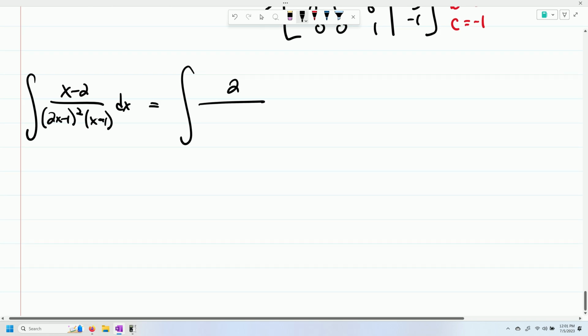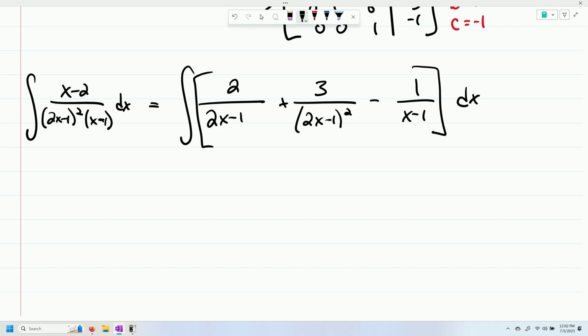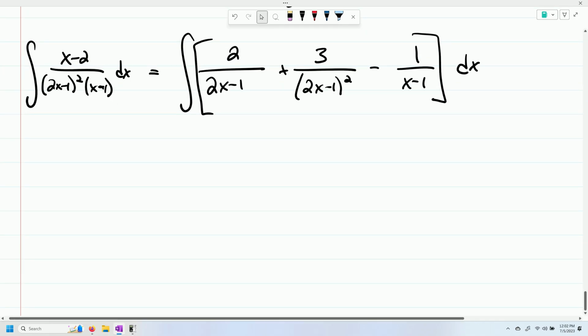A is 2, so it's going to be 2 over 2x minus 1 dx. Actually, we'll write it all as 1 first. Plus B is 3 over the quantity 2x minus 1 to the second, minus 1, because that C is equal to negative 1, so it's going to be minus 1 over x minus 1 dx. And then, going from left to right, we're just going to separate these.